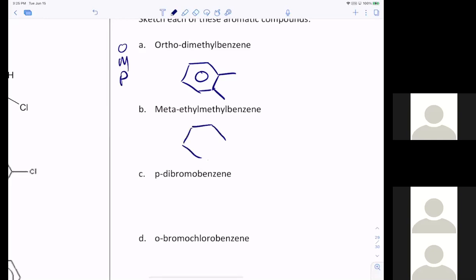Yeah, there's going to be an empty carbon atom in between them, right? So put an ethyl there maybe, and put the methyl 2 carbons away. It doesn't matter which way you go. I'll put it the other way around, like that. Okay. All right.